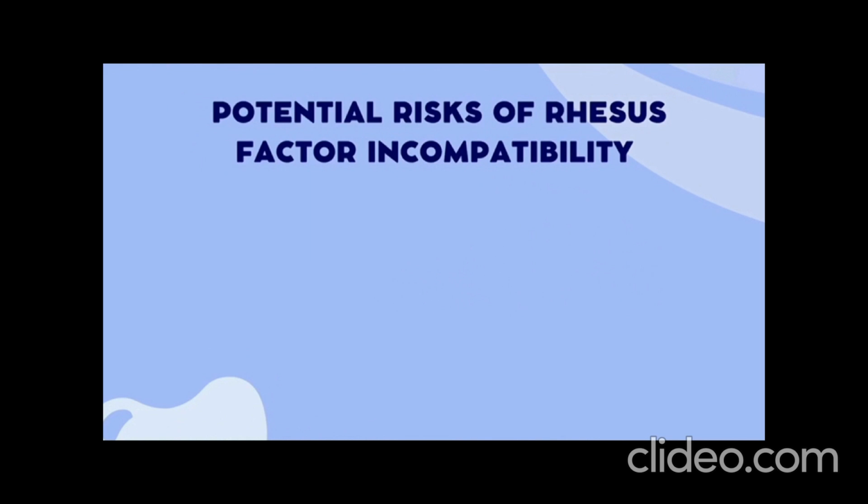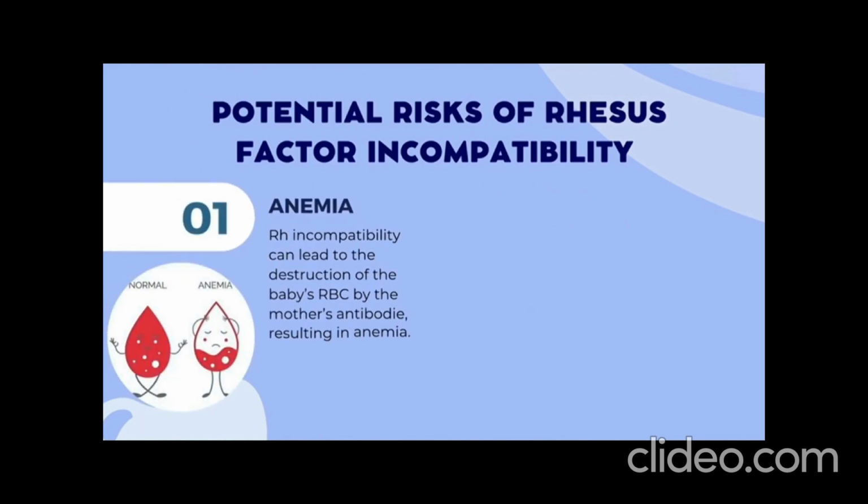The first one is anemia. Rh incompatibility can lead to the destruction of the baby's red blood cells by the mother's antibodies, resulting in anemia. Anemia can cause impaired oxygen delivery to tissues and organs. The second one is jaundice.